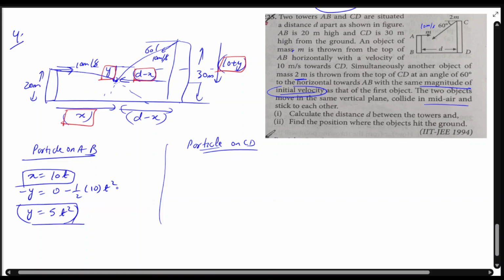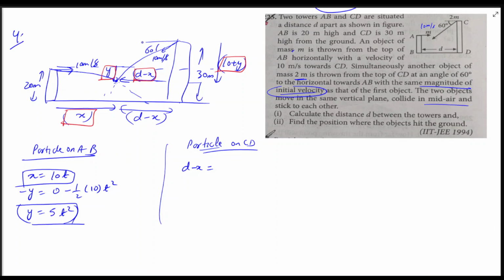We have these two equations. Let's write for the other. d minus x, the horizontal component, will be 10 cos 60. Cos 60 is 1 by 2, so it will be 5t. For the y, it will be minus 10 plus y.